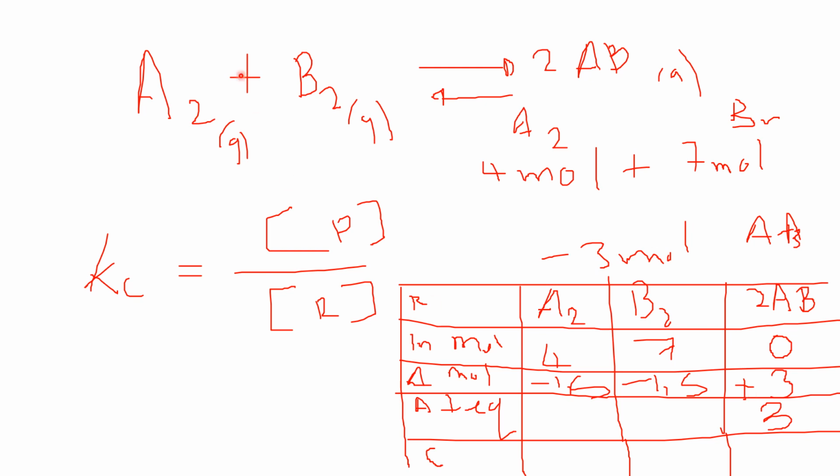You can use it that way, but just so that I know, the ratio of AB is going to be 2 times the ratio of B. So now if it's 3, that means B has to be half of 3, which is going to be negative 1.5, because it is used.